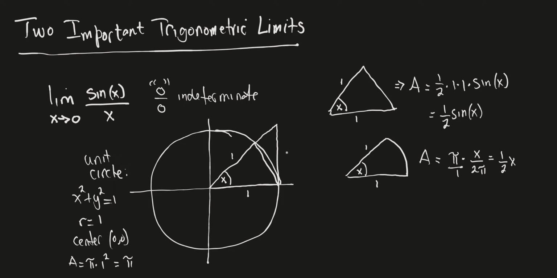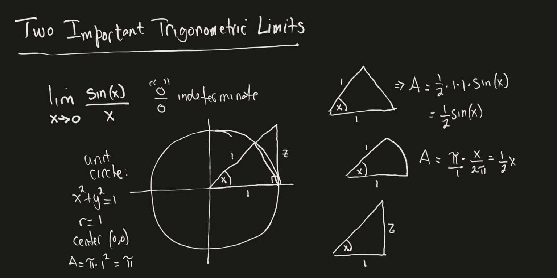So for instance, let me call this unknown height Z. Since I have a right triangle here, let me draw that one here. We have this angle, X, and the adjacent side, which is the radius of my unit circle, is 1.